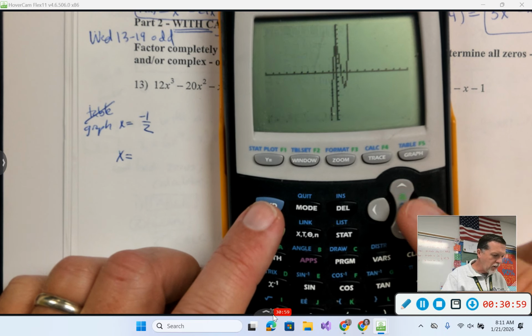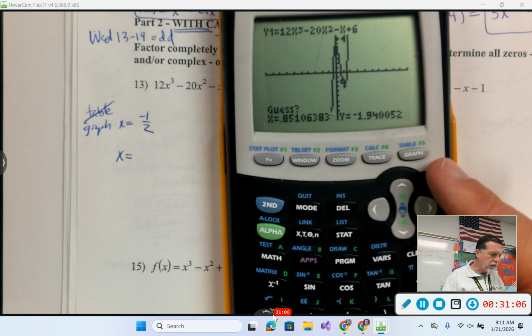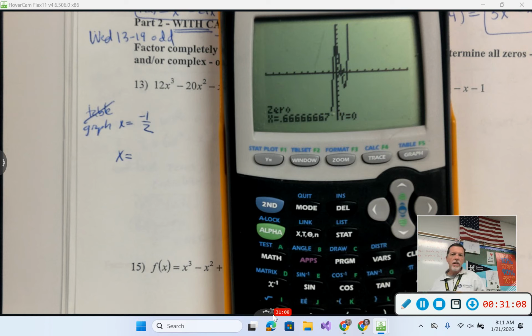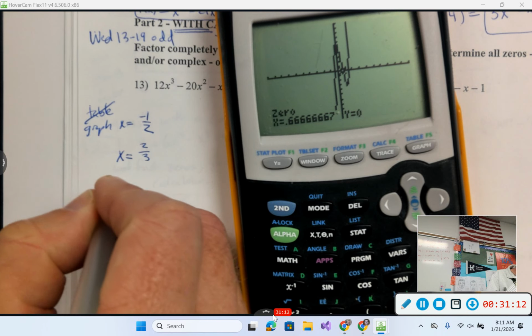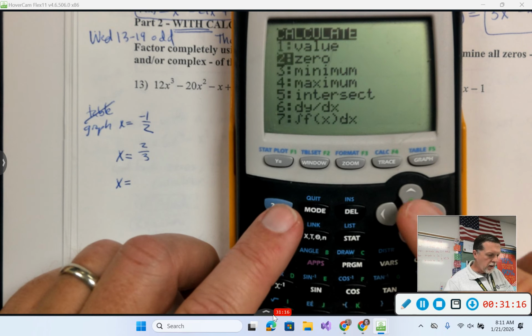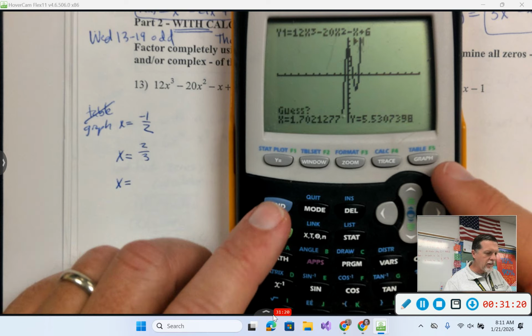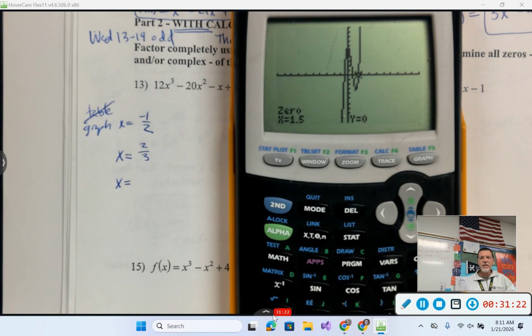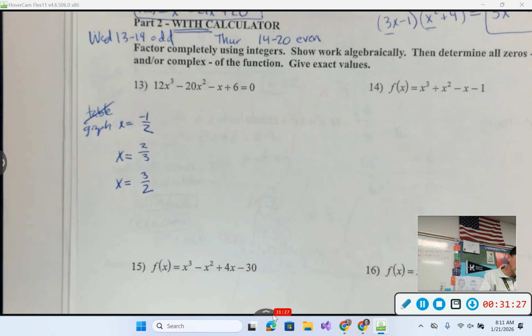Second Calc 0. Left of the 0, right of the 0, enter. 0.66666667. That's 2/3. Second Calc 0. Left of the 0, right of the 0, guess. 1.5. You could write it as 1.5. I'm going to write it as 3/2.